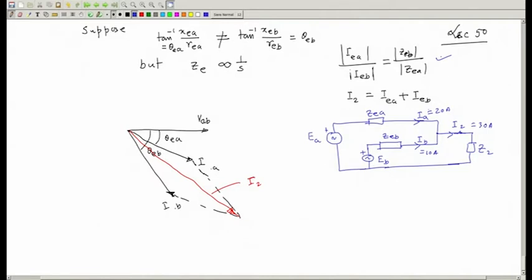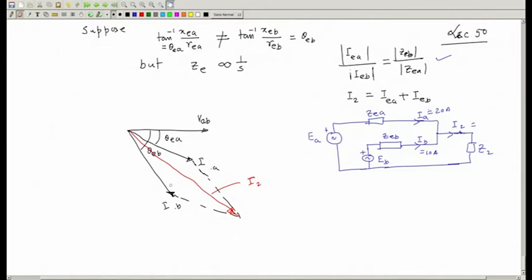The magnitude of I2 will be less than IA plus IB, because they are not in phase. So, when one transformer carries 20 ampere and the other carries 10 ampere, the sum of these two currents cannot be 30 ampere; it will be less than this.